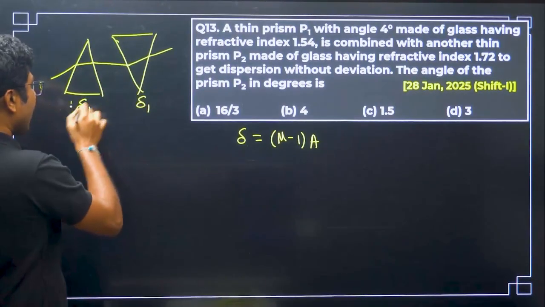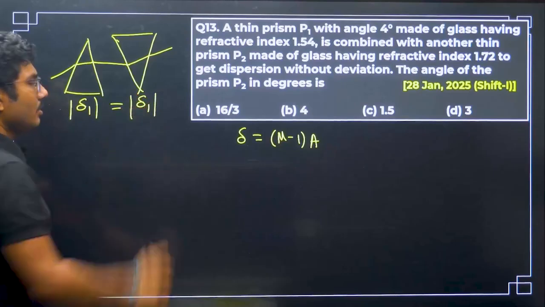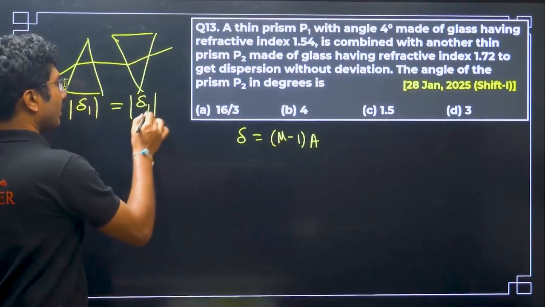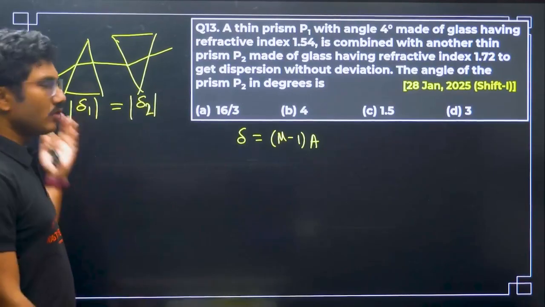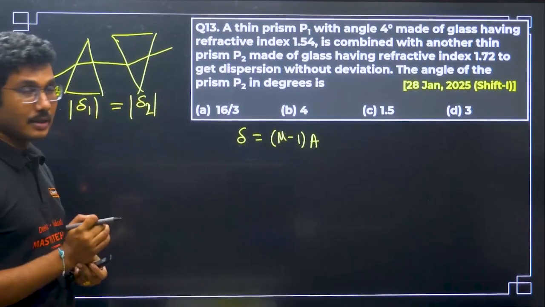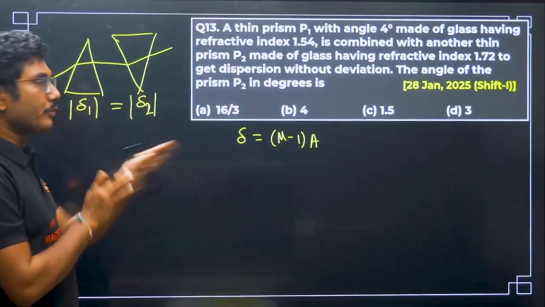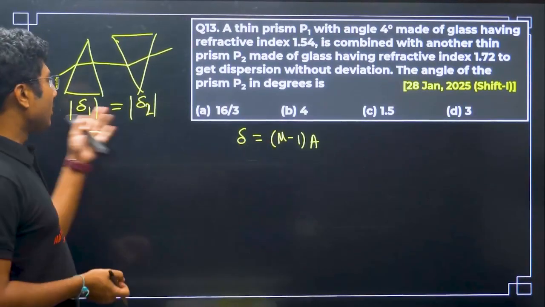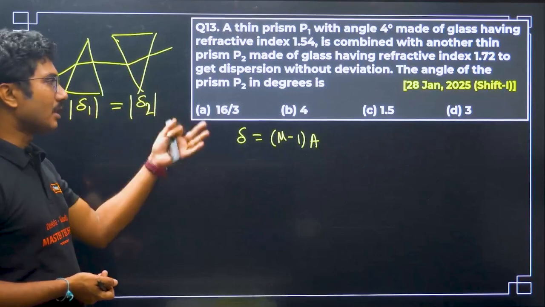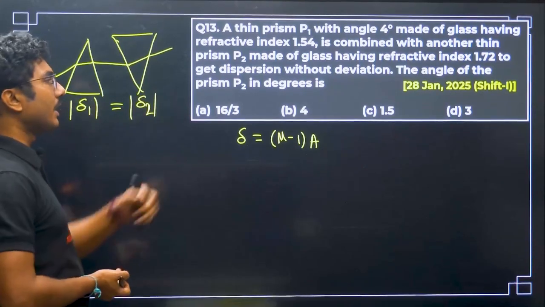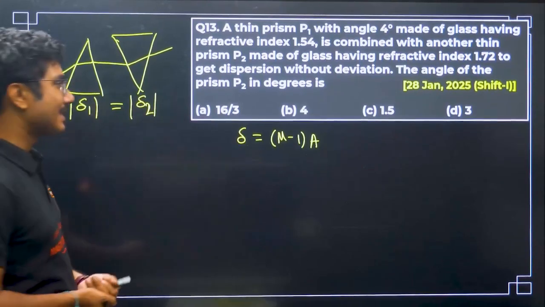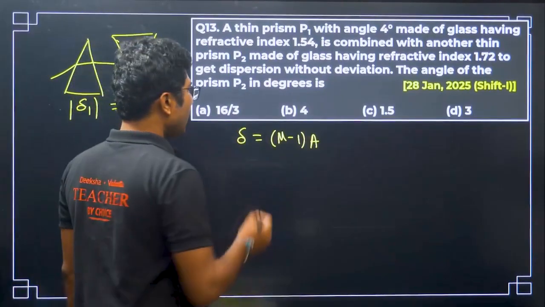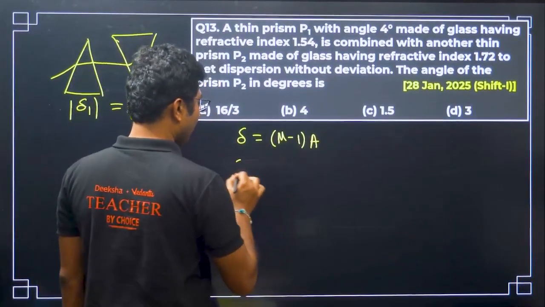Magnitude wise both deviations will be same, direction will be opposite. If this is plus, the other one will be minus, but magnitude wise, formula wise the deviations will be same. So, because we are comparing two same things, the conversion factor will be cancelled anyway. So, we do not need to convert 4 degrees to radian. Okay. So, delta 1, say what is delta 1?